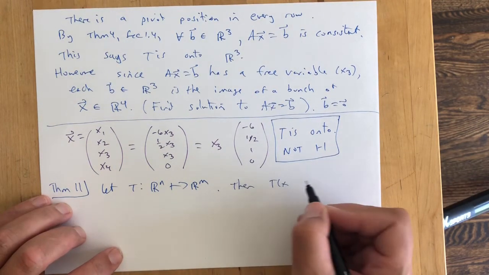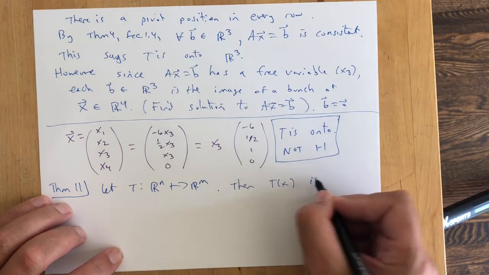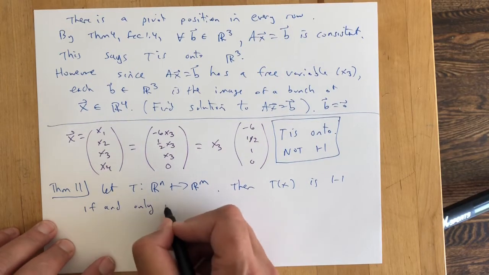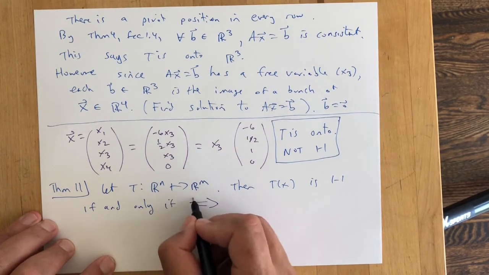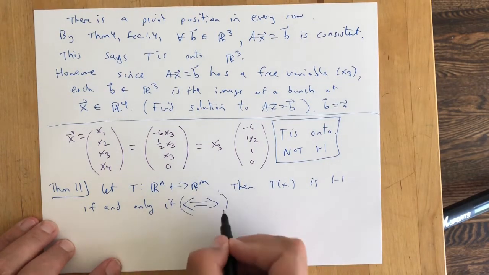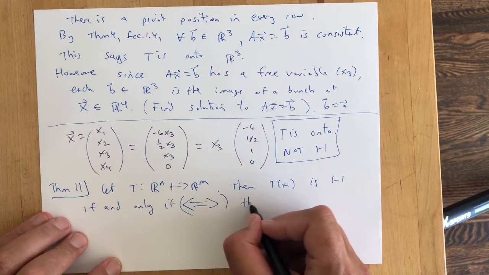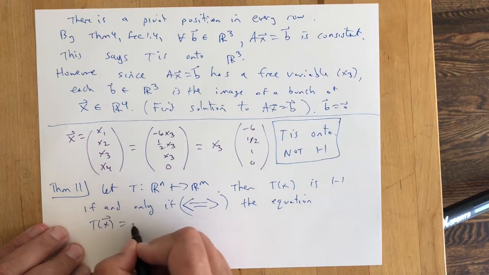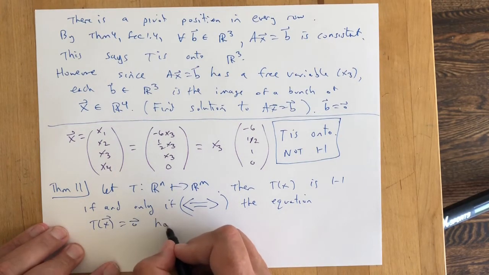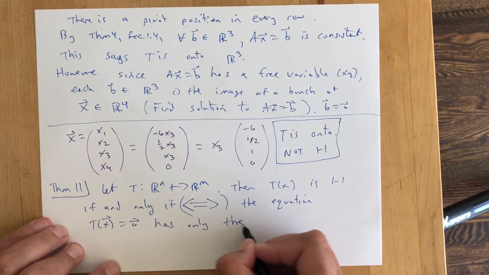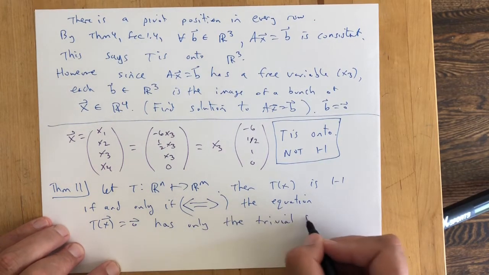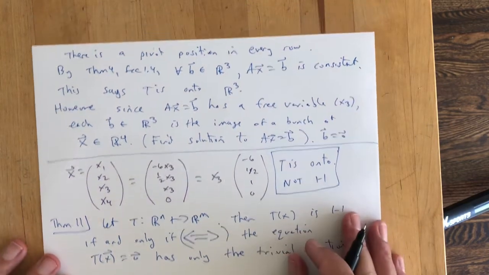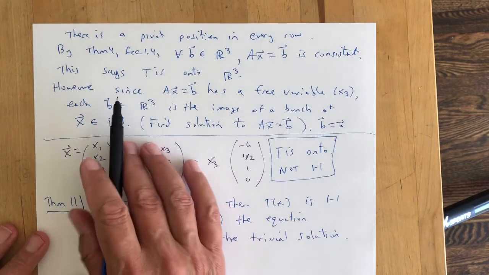Then T of x is 1 to 1 if and only if, which in math we write with arrows going in both directions, the equation T of x equals 0 has only the trivial solution.